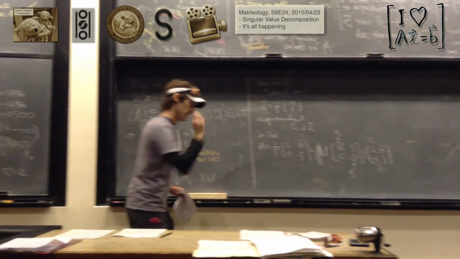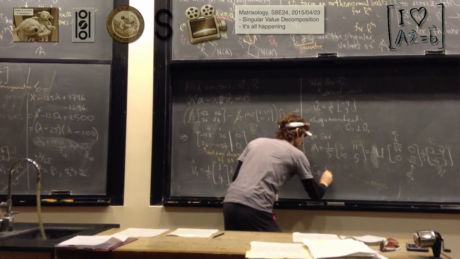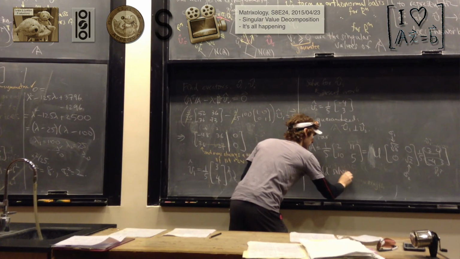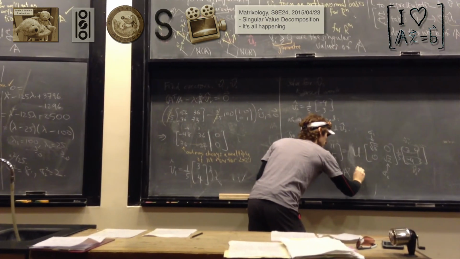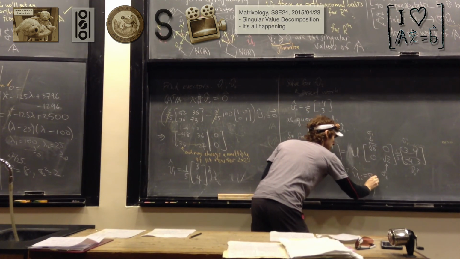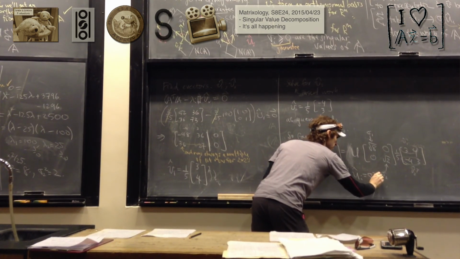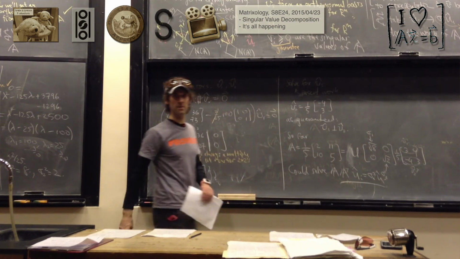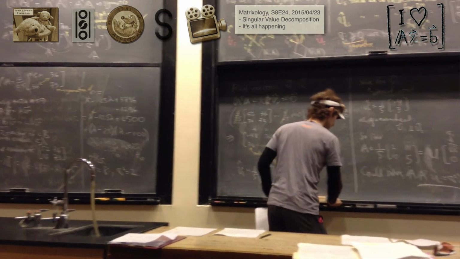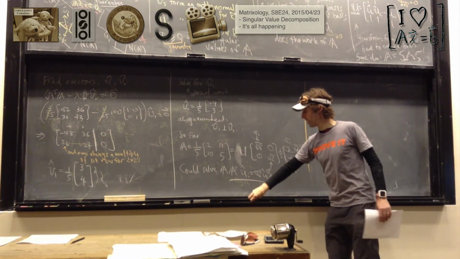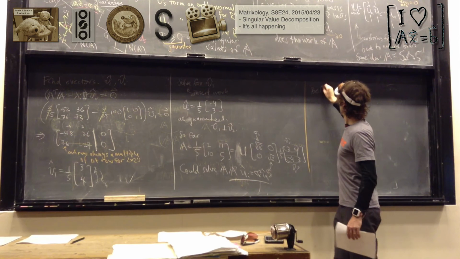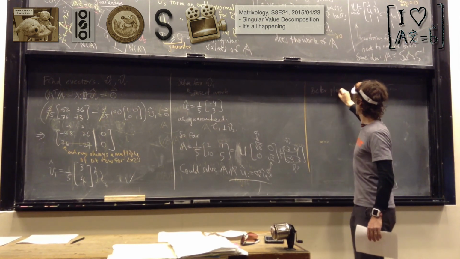So we could solve A A transpose U. We could do all this, and we'll get this one out. We should do that too. We could solve this to find these other eigenvectors, but much easier, a better plan is this, and everything should work out.